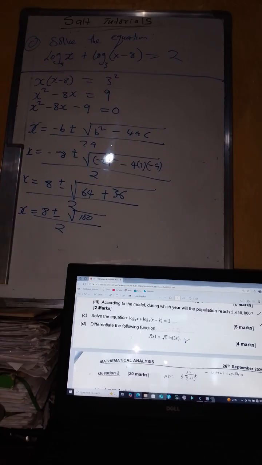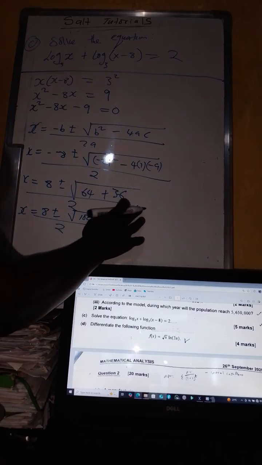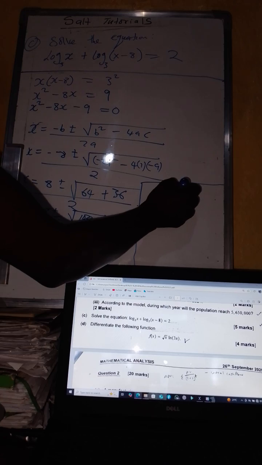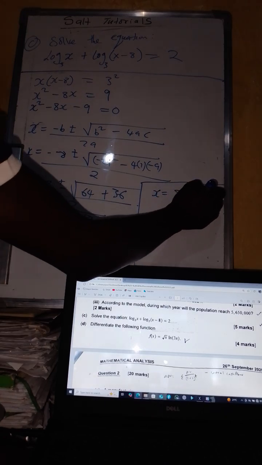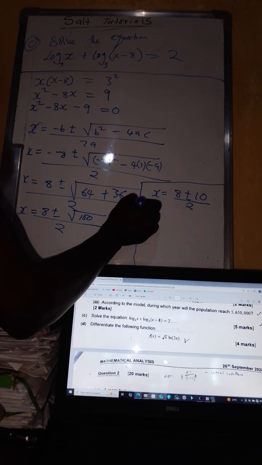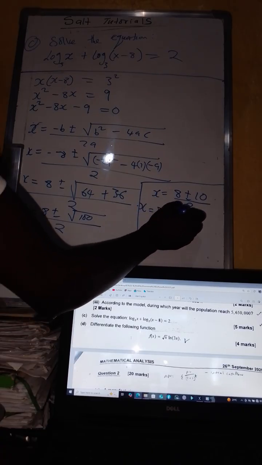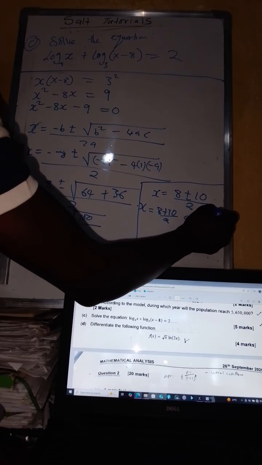I don't know if I can write it from here, my board is very small. So x is equal to positive 8, positive or negative 10, over 2. The first value of x is 8 plus 10 over 2, or 8 minus 10 over 2.